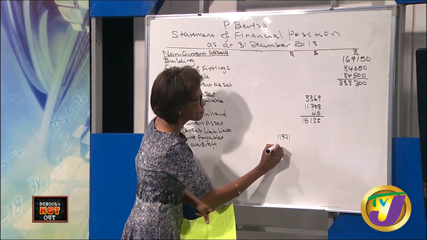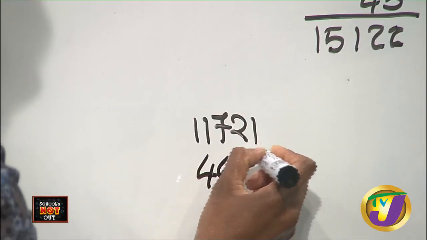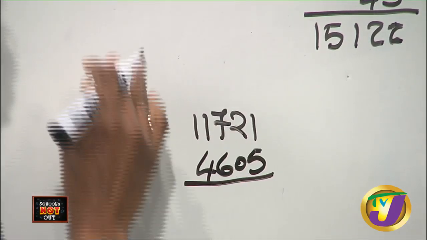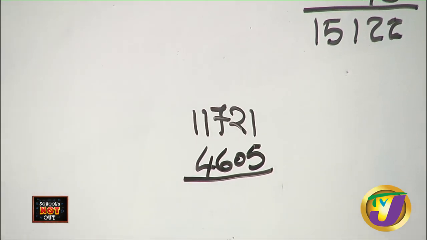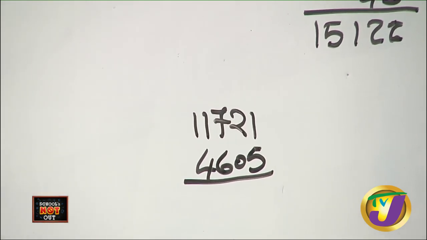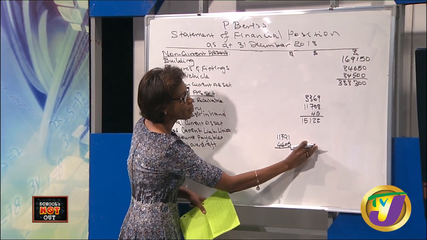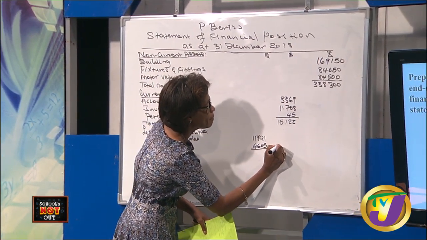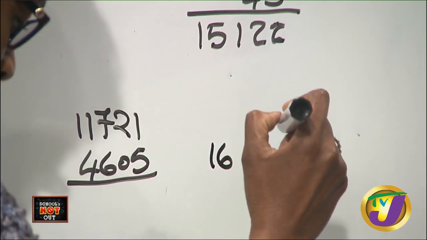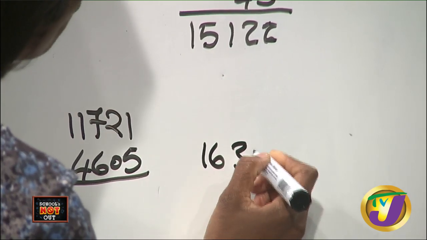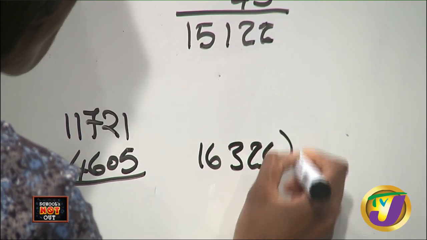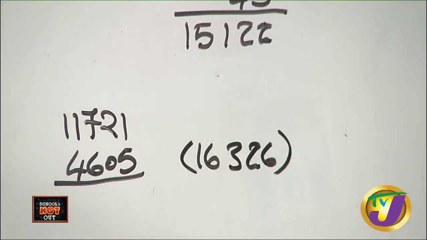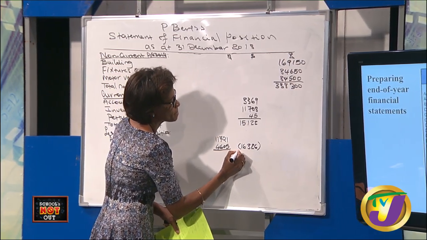So it's not good to have a bank overdraft. So in this case, it's 4,605. All right, so we're going to total our current liability, and we just take it across here. And what happened? Our current liability is 16,326. Wow.